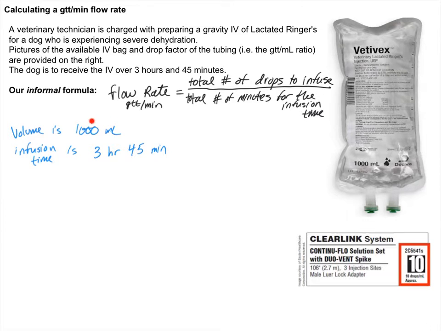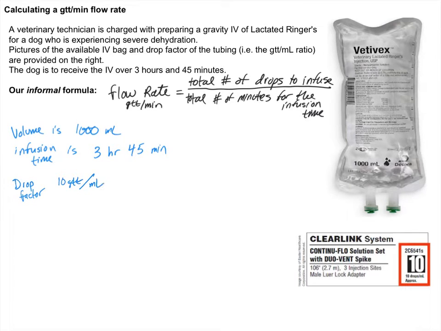What I want to know is, based on the available tubing, how many total drops is that? I look at the tubing, I see that the tubing is going to take each milliliter and break them into 10 drops. So I have a drop factor of 10 drops per mL.